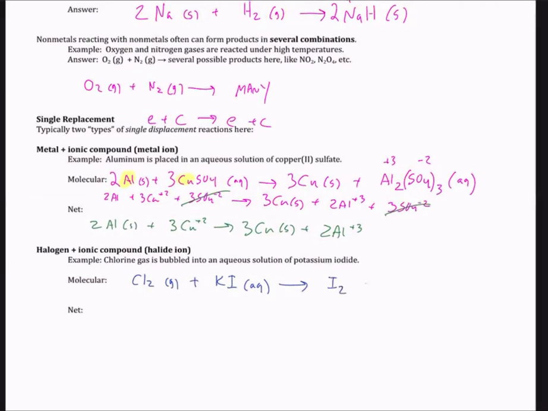I2. And then I have KCl, aqueous. We balance this with a 2 here and a 2 here. Okay? This is how classically a single replacement looks. We're in sophomore year, this is what they look like when we did this then.